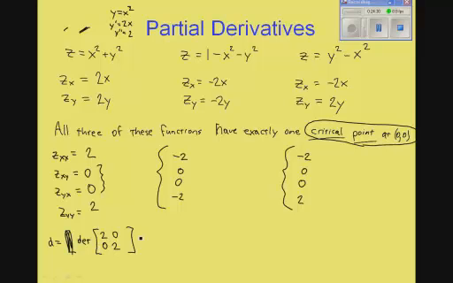Okay. What's this determinant? 4. Now the determinant 4 is greater than 0. So that tells you you either have a max or a min. All right, so let me go back and write some of this down.